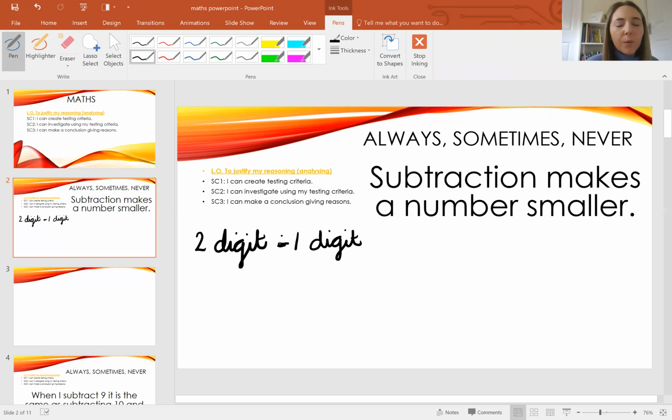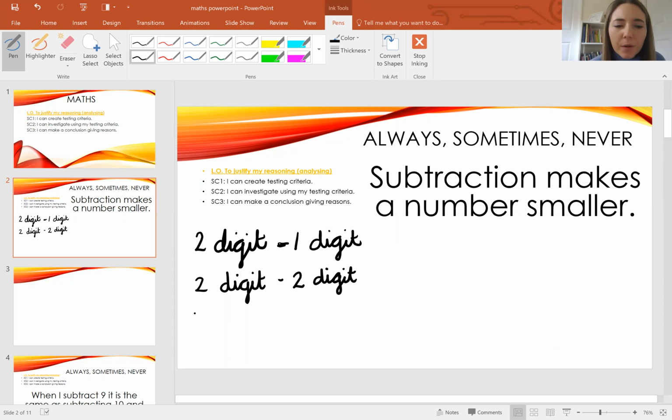And then I might think, well, is that going to be the same if it's 2 digits and 2 digits? So if I did a 2-digit number, take away another 2-digit number, would that make the number smaller? And then I might think, well, what happens if the minuend and the subtrahend are the same?